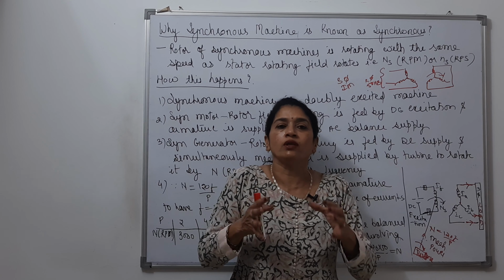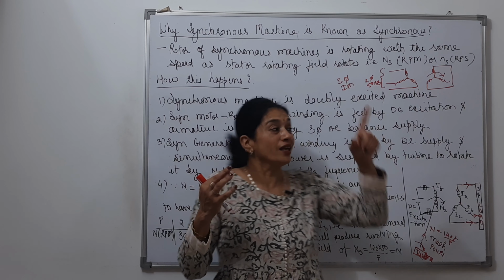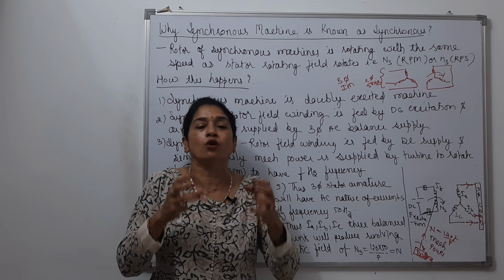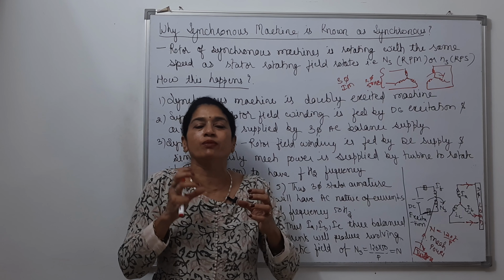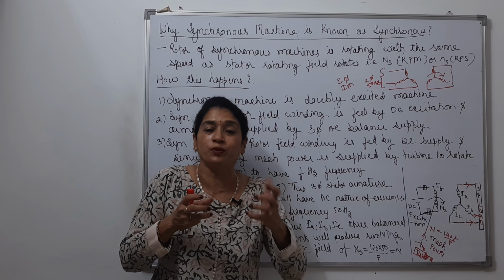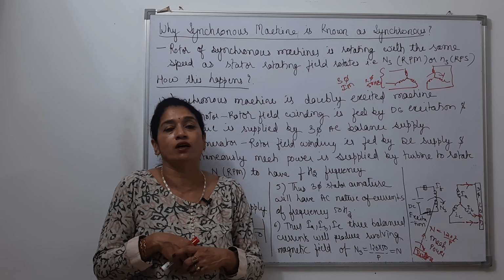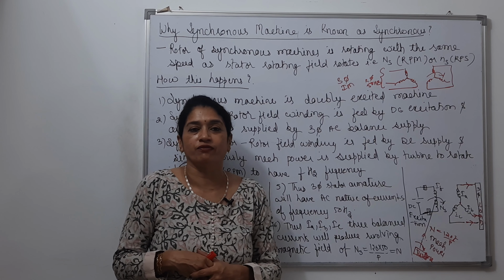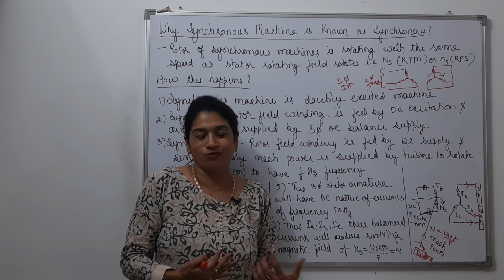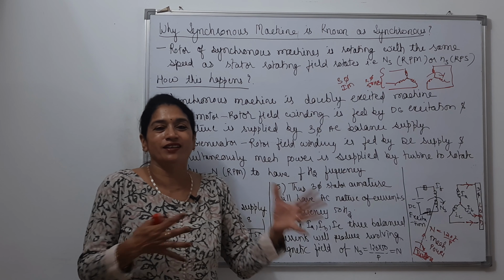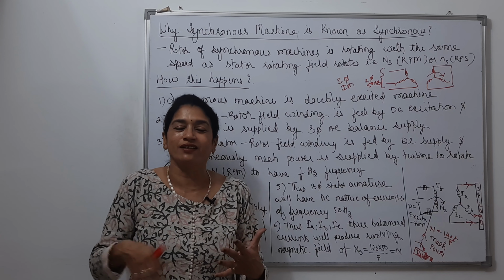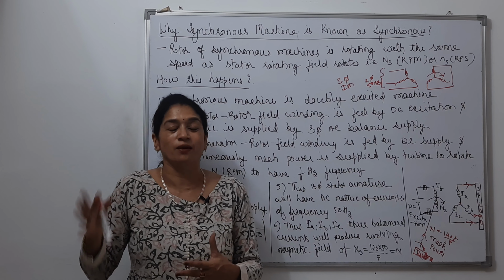This is the reason why in a synchronous machine, double excitation keeps the synchronous link between the rotor's rotating speed and the synchronous speed of the armature's revolving magnetic field. Hoping that you people are understanding my last explanation about doubly excited and singly excited. If you don't understand, please let me know. I'll take up this topic as a separate one.